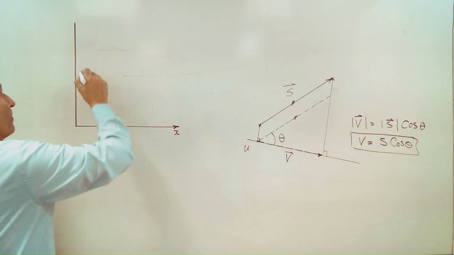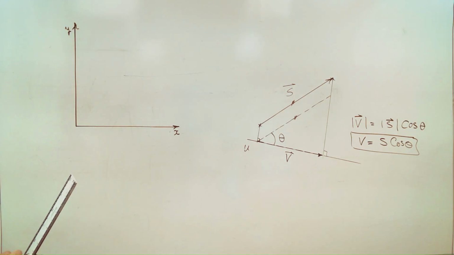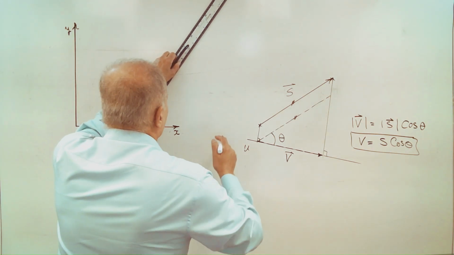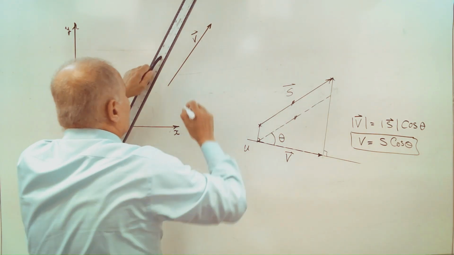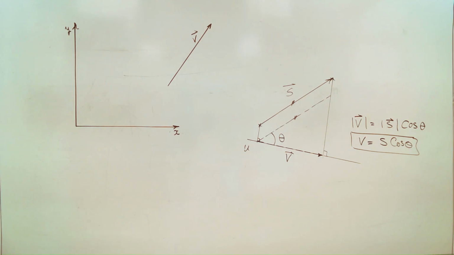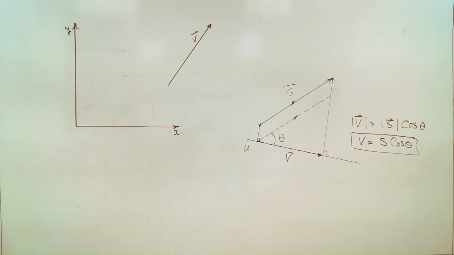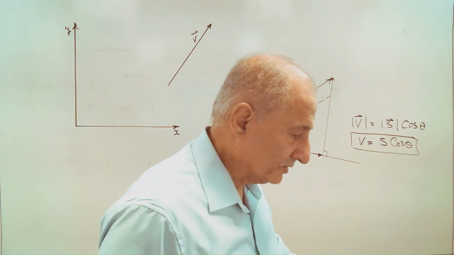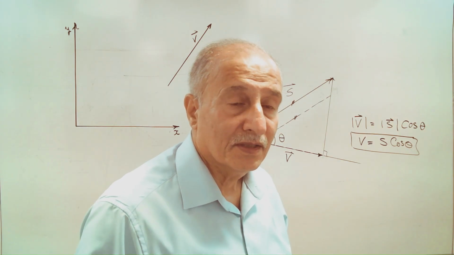That's x, that's y. And then consider a free vector v. Here, I want to resolve this vector into these directions, decompose it, or find its projection onto these axes.